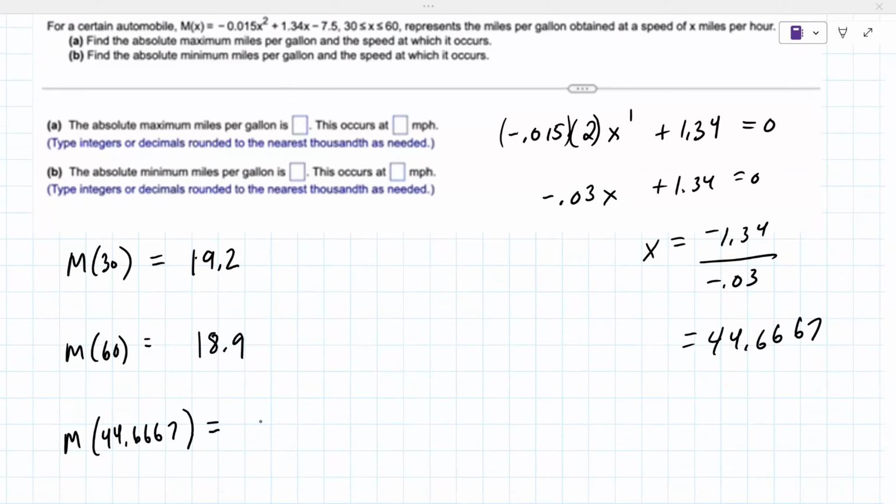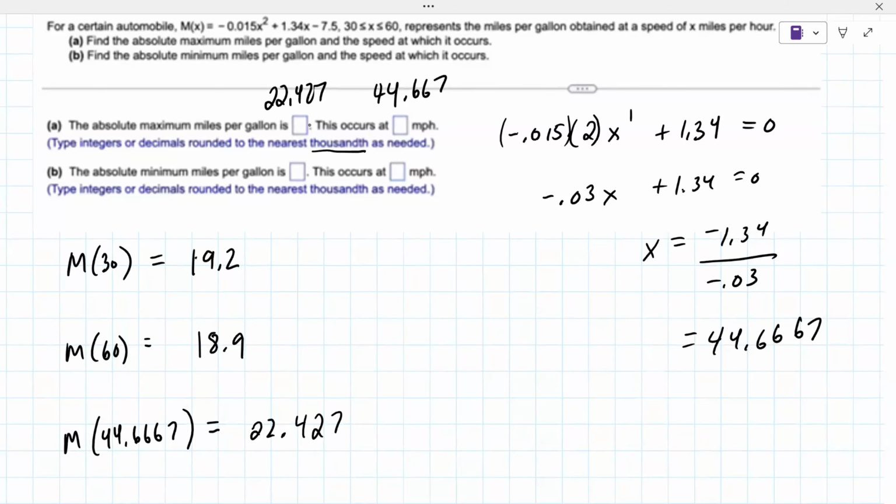So that ends up being 22.427. So the answer here is that the maximum miles per gallon is 22.427 at 44.667 miles per hour.